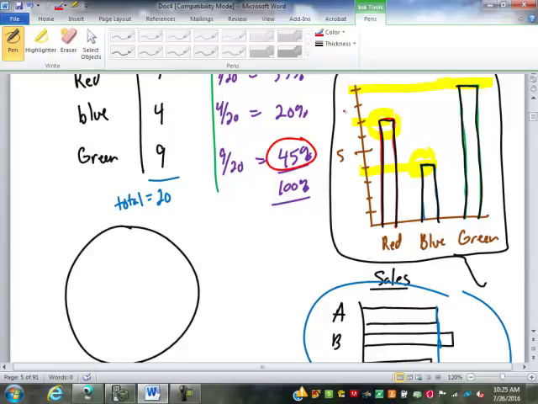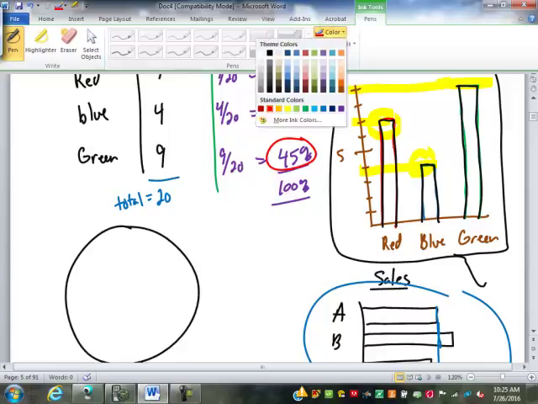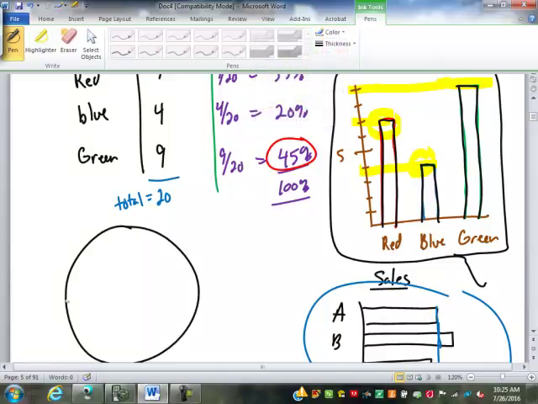So for our purposes, sketching it out by hand, we're going to go off of just, as we mentioned before, benchmarks. Half a circle is what percent? 50%. A quarter of a circle would be 25%. Half of that would be 12.5%, right?